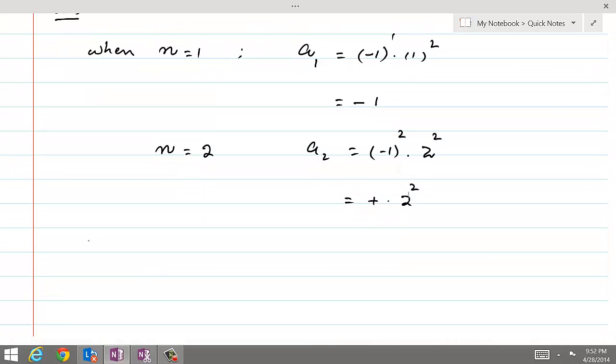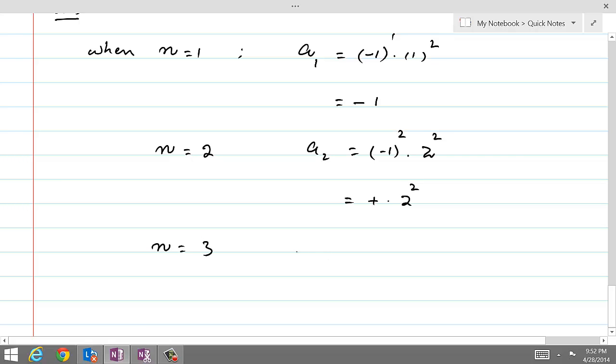And when n is equal to 3, then what is A3 equal to? A3 is equal to minus 1 power 3, and this would be 3 power 2. And negative power odd, the answer is negative. And if we want to write it as 3 power 2, we can either write it this way, or if we want to fully expand this, we can write it as minus 9.